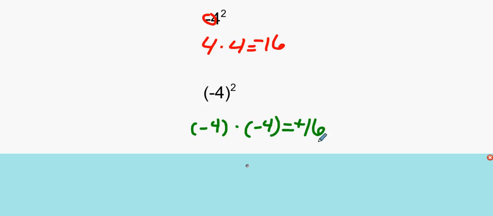This is a final answer for this one. So while it's just a little sign, the difference between these two in this case is 32 on the number line. 16 to get to 0, and then another 16 to make it positive. So we want to be very careful. You can read this one, negative 4 squared, if that helps you: negative 4 times negative 4.